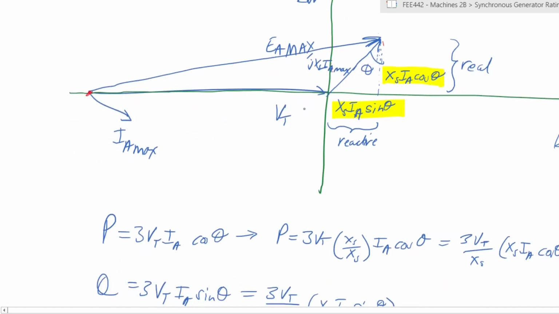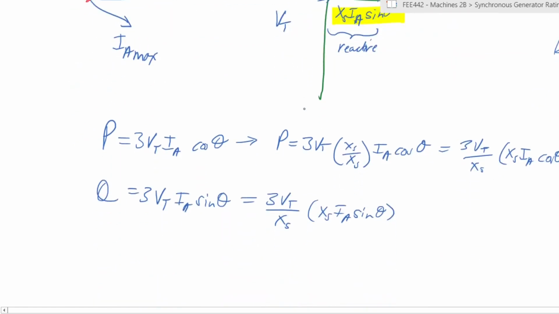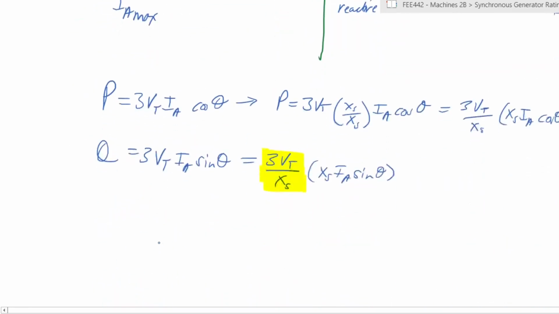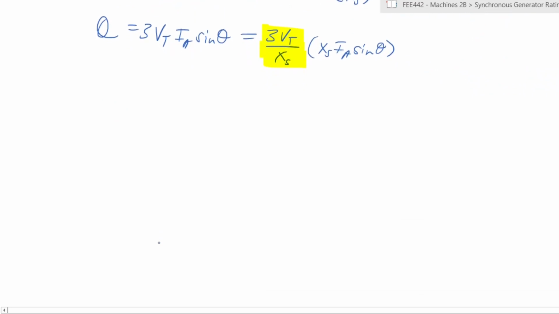You would then be able to convert them simply by using a conversion factor. That is a factor that you can use to convert from a voltage-current phasor diagram to a power diagram. You multiply it by a factor of 3 VT over XS. What you'll end up with is the equivalent diagram, but for power, and it will look something like this.